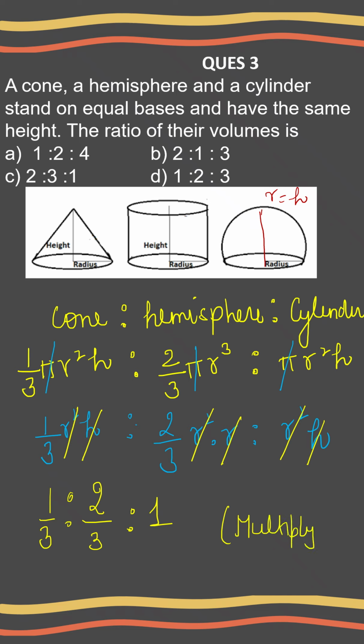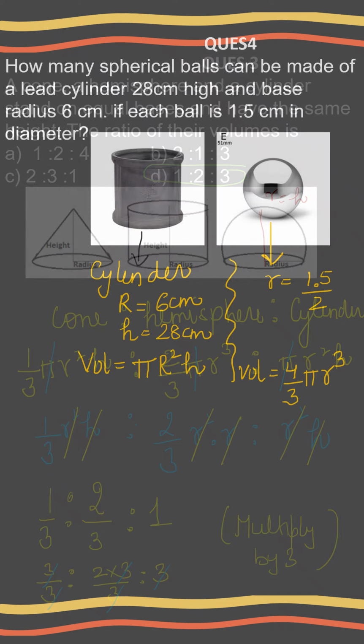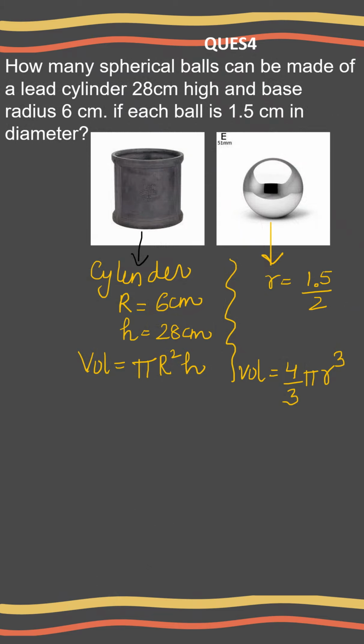So multiply each by 3. So your final ratio will be 3 by 3, 6 by 3 and 3. This implies 1:2:3.